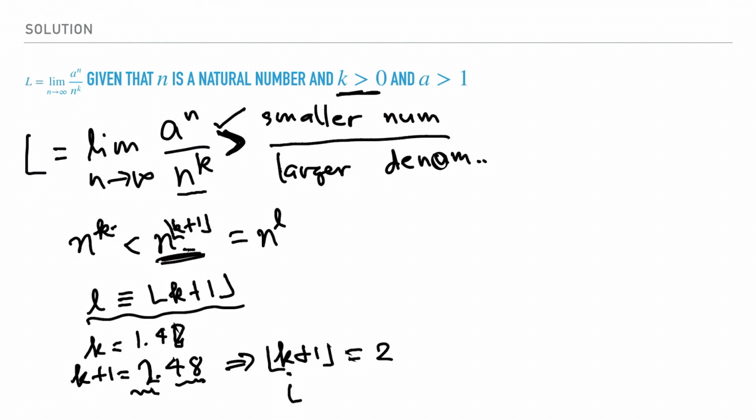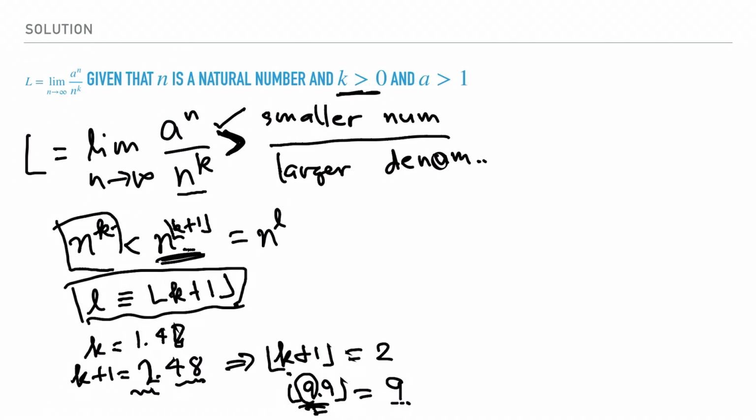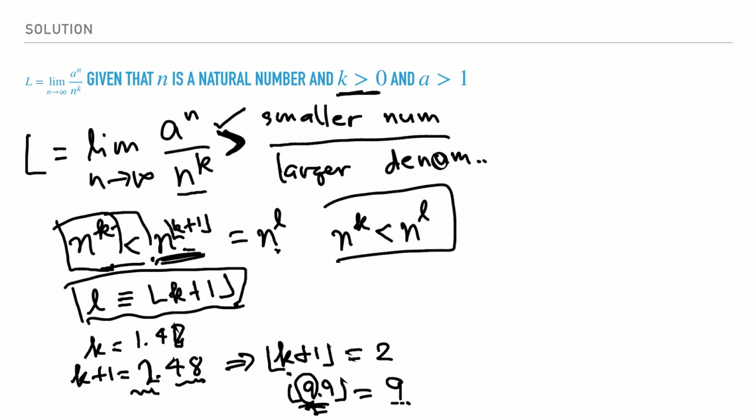Even if you had 9.9, that will just become 9. So that's just taking the integer bit and rounding it down. And so we define L to be that. And so we can say that n to the k is always less than n to the L. So again, let's write that. Now we already have a larger denominator. Now we just need a smaller numerator.